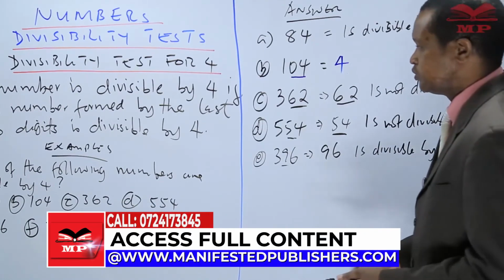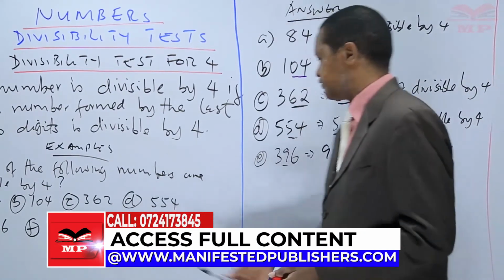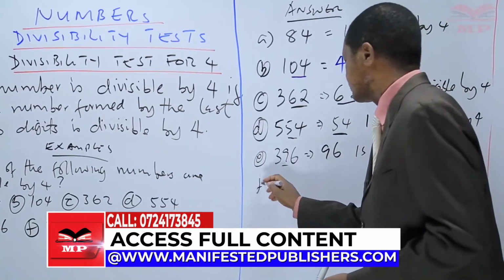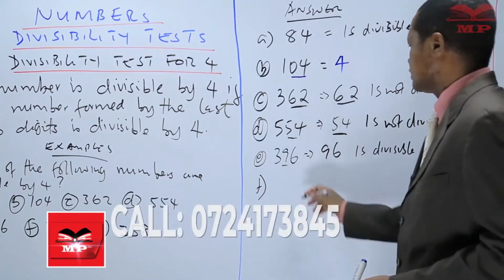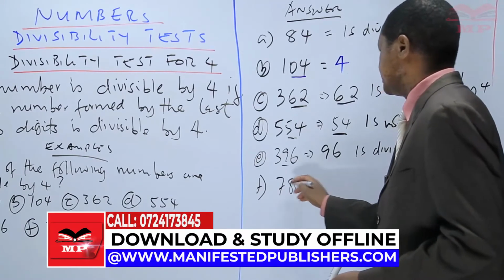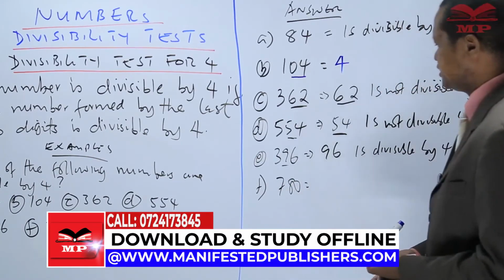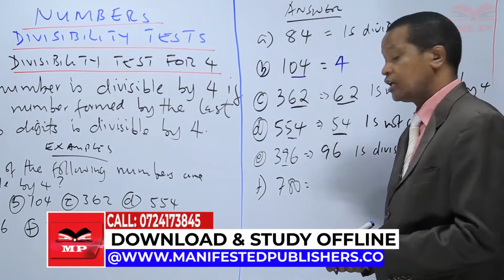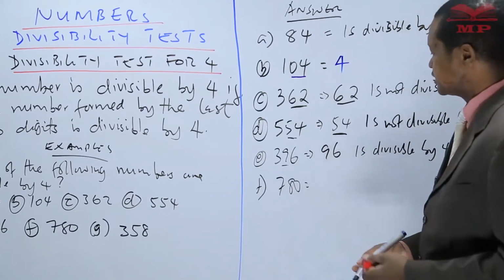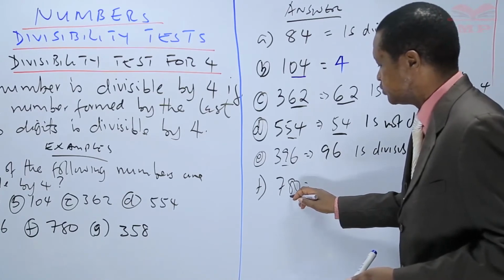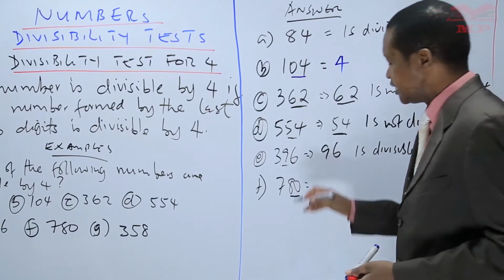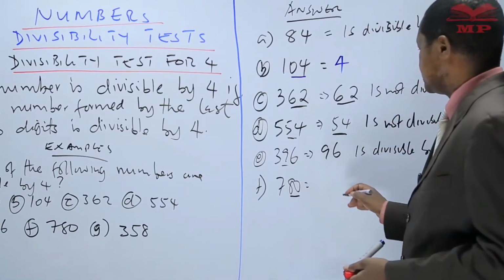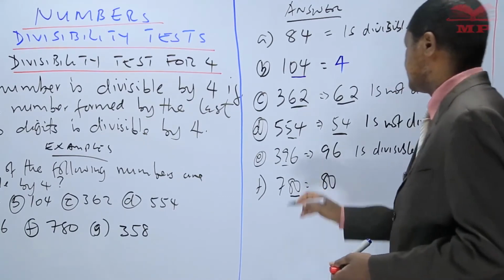Then coming to F, 780. Is 780 divisible by 4? How do we test? We look at the last 2 digits. The number formed by the last 2 digits here is 80.